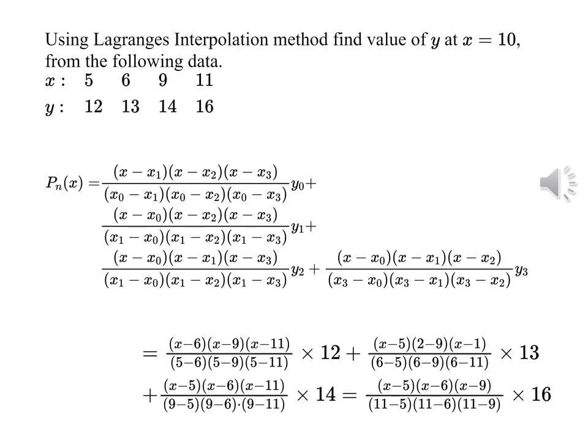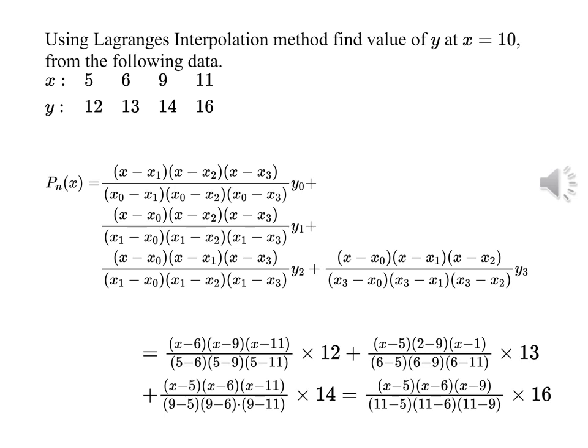First of all you construct the polynomial by using the previous polynomial construction method. Here y0, y1, y2, y3 are there, so there are 4 terms in the polynomial. So construct the polynomial first. Here in the slide we have constructed the polynomial.